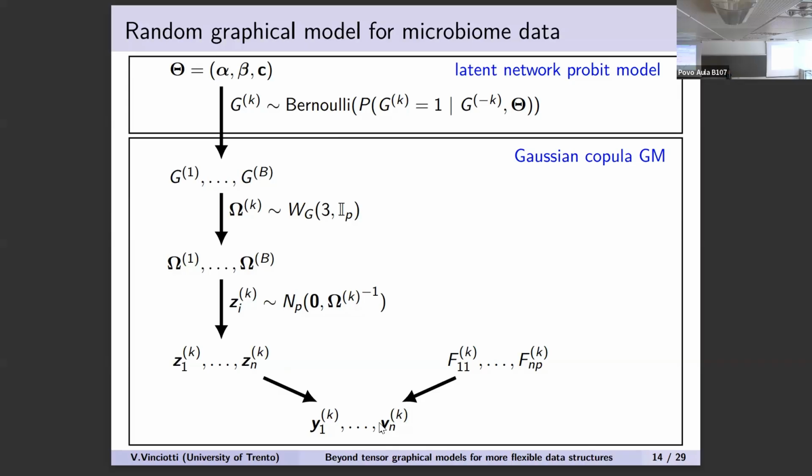We have the data, and from that, we need to recover the parameters. The parameters are possibly parameters in the marginals, but most importantly, those p by p, 87 by 87 precision matrices for each environment. And the theta, those locations in the latent space, alpha, betas: these are quite a lot of parameters that we would like to infer from data.